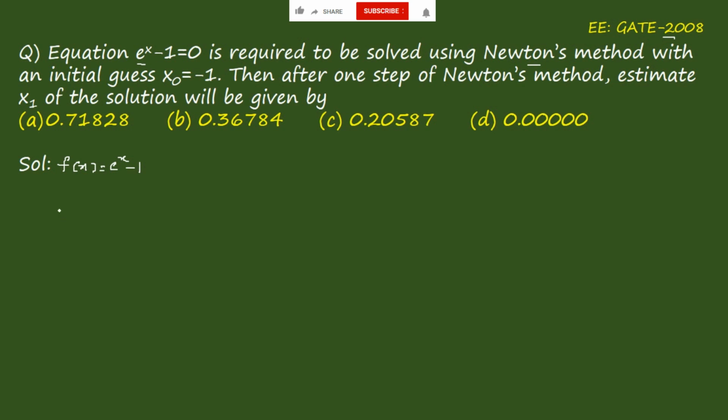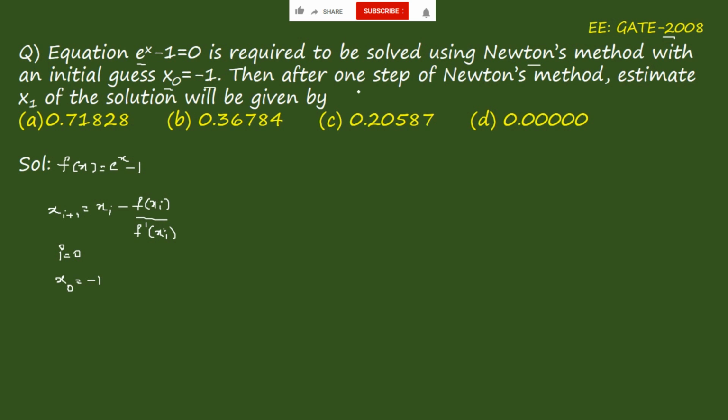The formula for Newton's method is x of i plus 1 is equal to x of i minus f of x of i by f dash of x of i, right? Now they are given the initial guess x naught is equal to minus 1. We consider that i is equal to 0 and x naught is equal to minus 1.